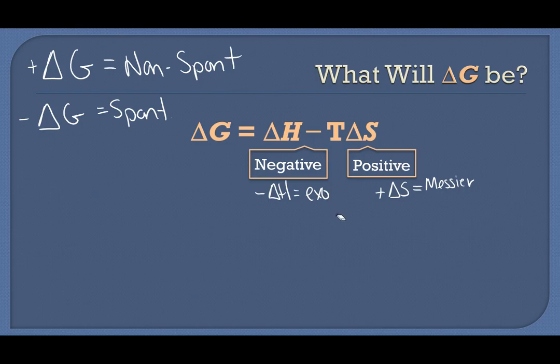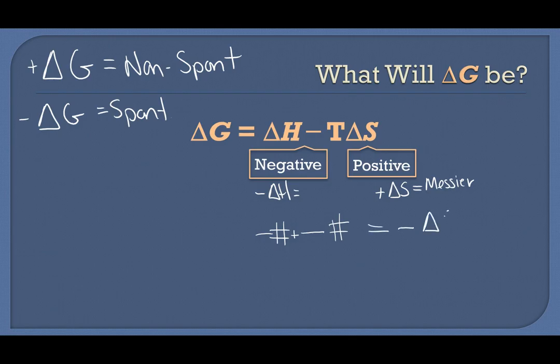Now, if we think about the math of this, right? So we're going to have a negative number minus some other number, okay? So a negative number minus a positive number. So a negative minus a number, or a negative plus a negative, will always result in what?